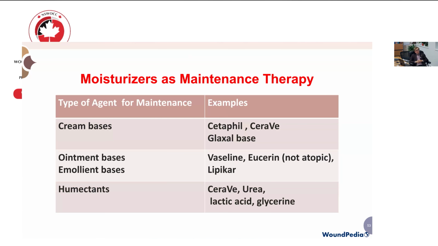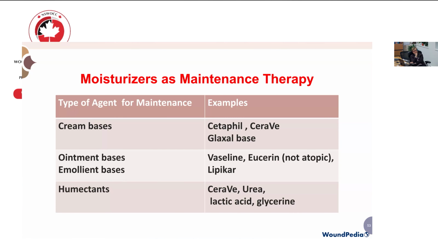Creams, and you should take a picture of this. Moisturizers are a maintenance therapy. And cream bases without allergens are perfume, Cetaphil, CeraVe, Glaxo. Ointment bases are Vaseline or Eucerin, but because it's a wool wax alcohol, you don't want to use it in atopic people. Those are people that have asthma or hay fever or eczema. And often the eczema can start as early as the 2nd week of life.